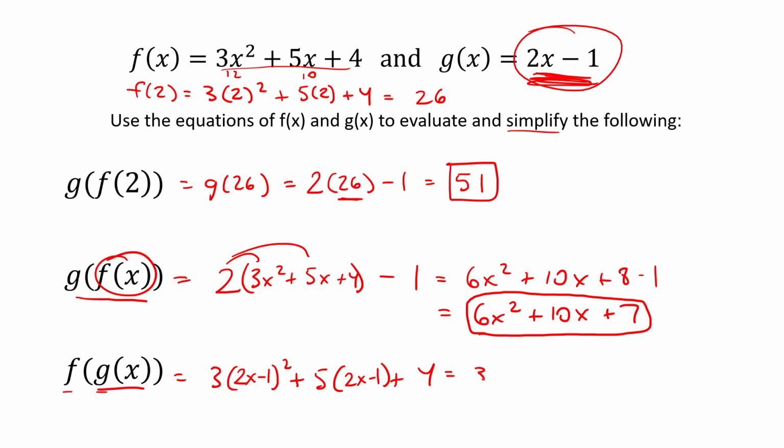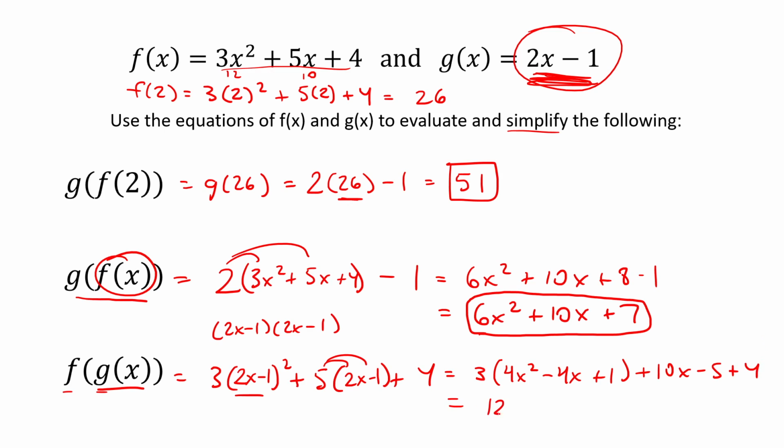Okay, so first I need to square the 2x minus 1, and remember that's really like doing this, right? If you need to do it out, that's fine. But that's going to be 4x squared, let's see, minus 4x plus 1. And then, right, we can go ahead and distribute this 5. And, at this point, it's just a lot of algebra, but we'll get there.